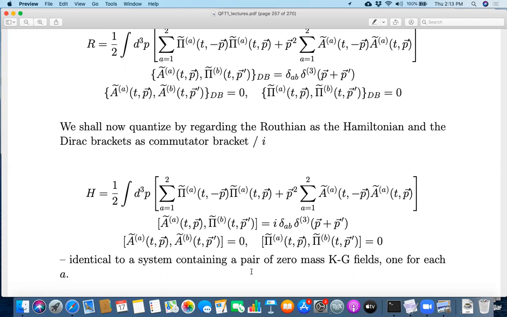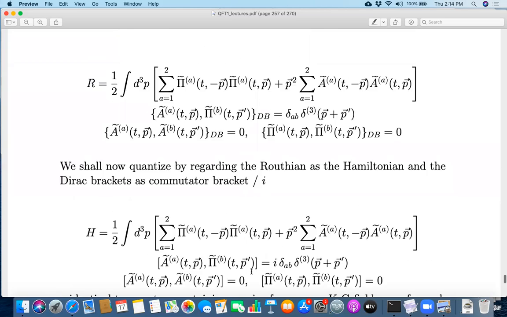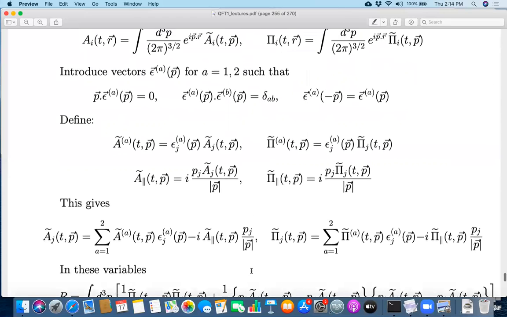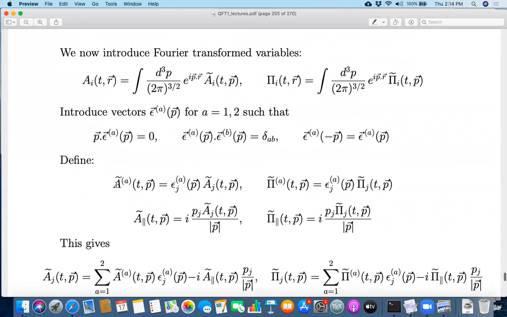Sir, in the starting where you introduced this epsilon basis vector, there you have taken this index a, and it runs from 1 to 2. I just missed that part. Why are there two basis vectors? Because we are trying to decompose a three-dimensional vector. A tilde i was a three-dimensional vector because i runs from 1 to 3, and we introduced three basis vectors to expand that A tilde.